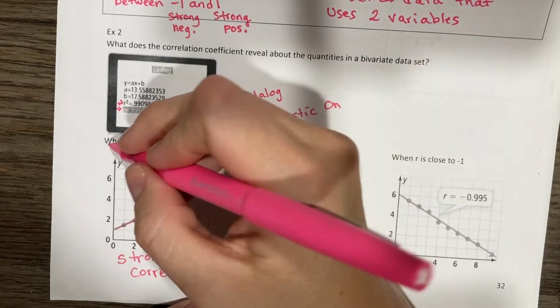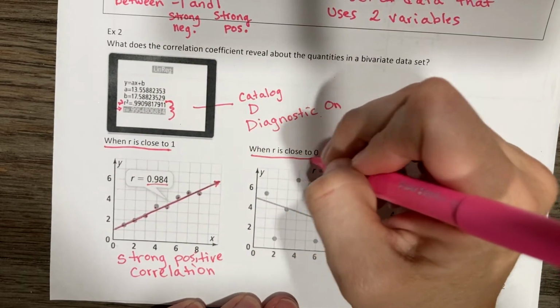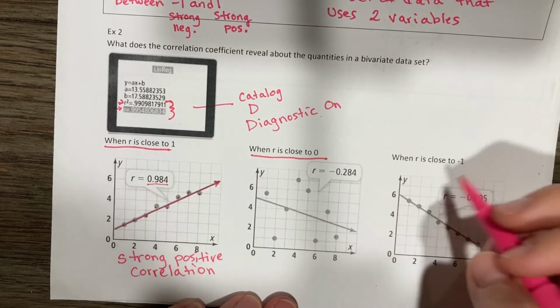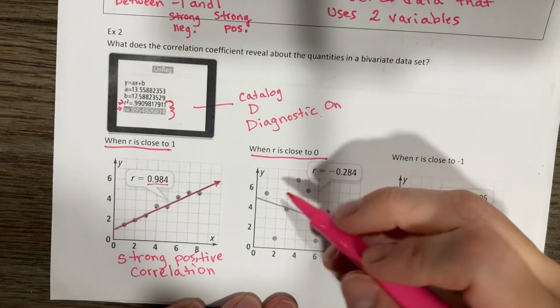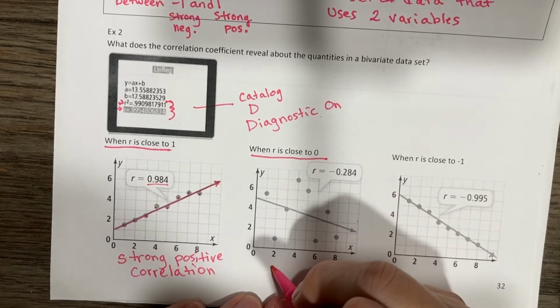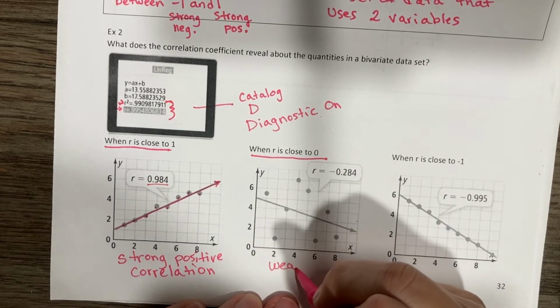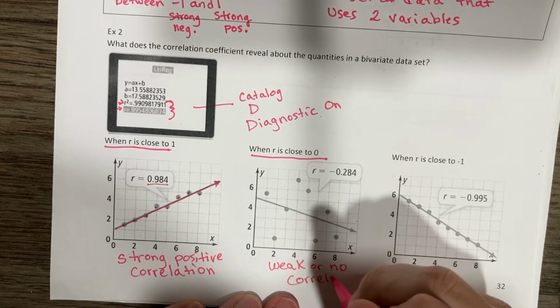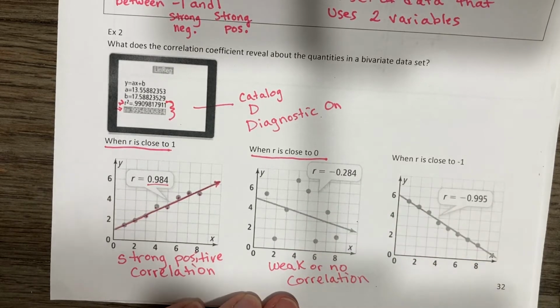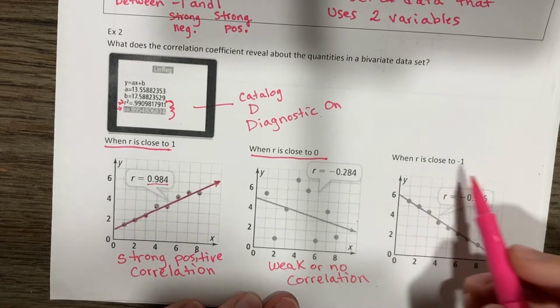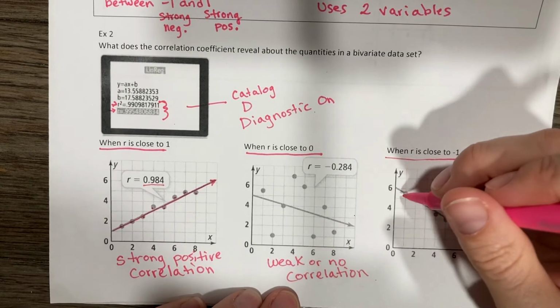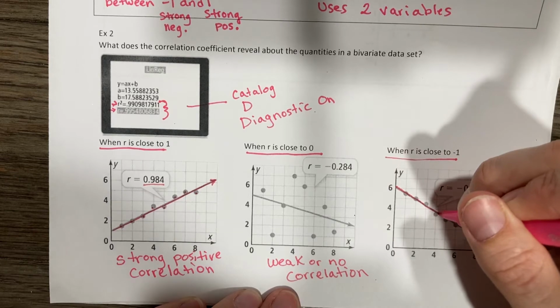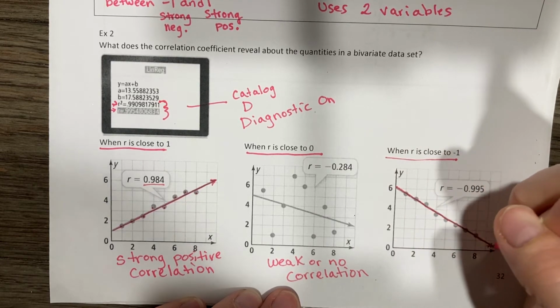When R is close to 0, the data doesn't seem to have a correlation. So it's like all over the place. So this is a weak or no correlation. When R is close to -1, see how our line is going down and all of the dots are close to it?